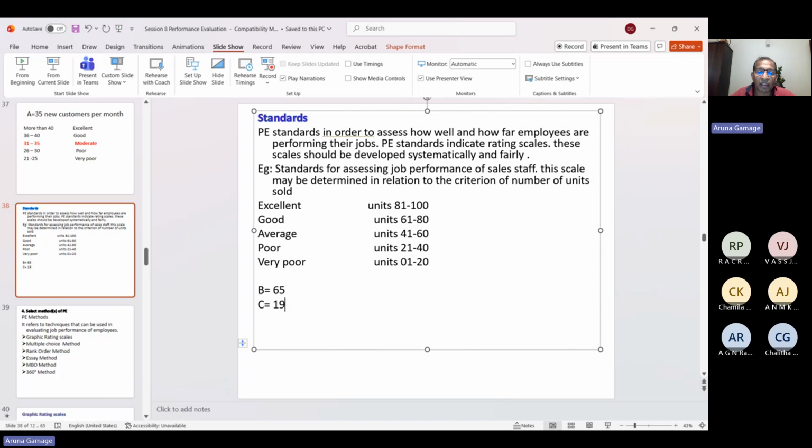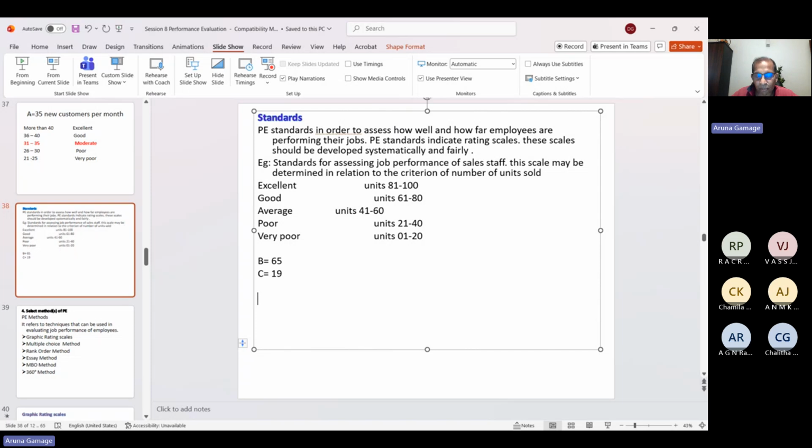So this standard is for the number of units sold. If you take the number of new customers created, you have to have another scale. For example, employee A has created 30 new customers per month.